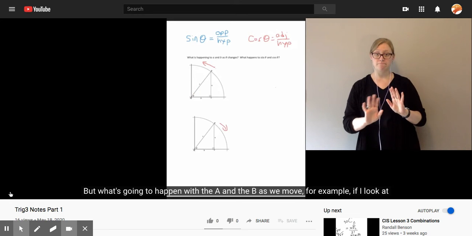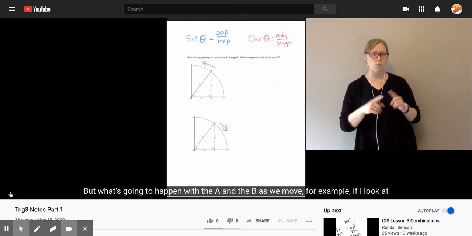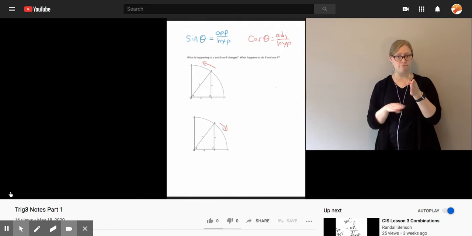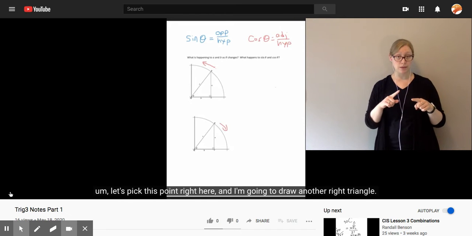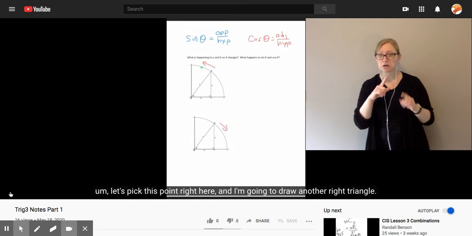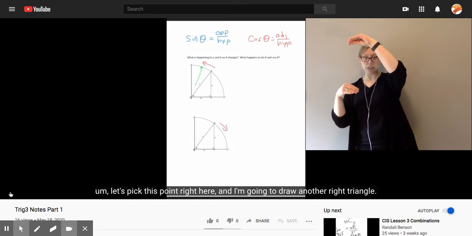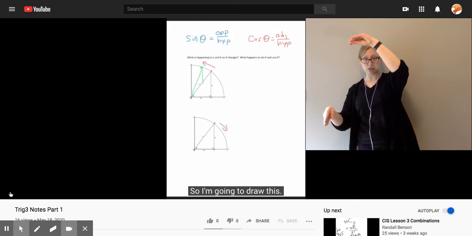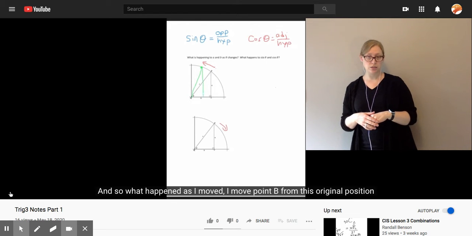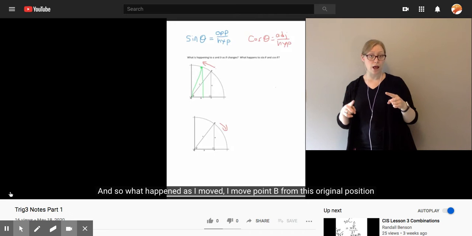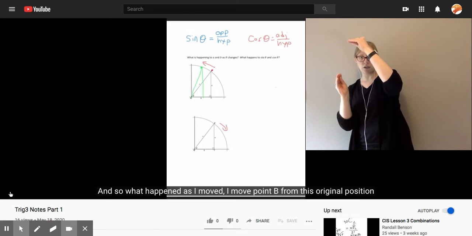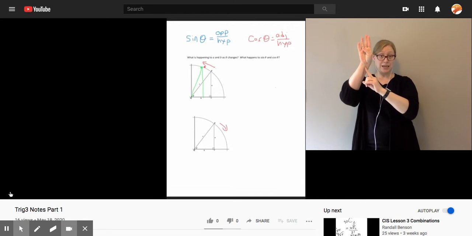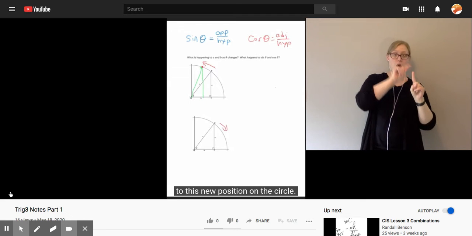But what's going to happen with the A and the B as we move, for example, if I look at, let's pick this point right here, and I'm going to draw another right triangle. So I'm going to draw this. And so what happened is I moved point B from this original position to this new position on the circle.